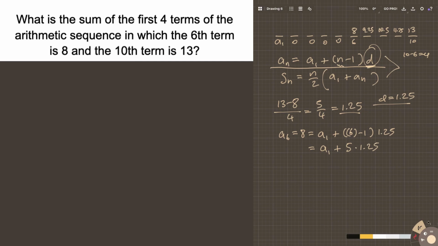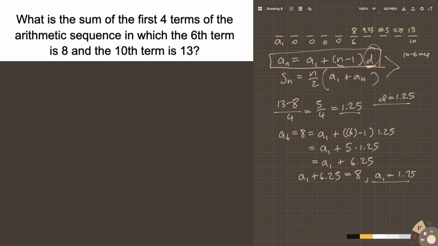And if you have a calculator, I would probably take that out right now. This is equal to a of 1 plus 5 times 1.25, which is 6.25. Alright, so because we have a of 1 plus 6.25 is equal to 8, we know that a of 1 is equal to 1.75.